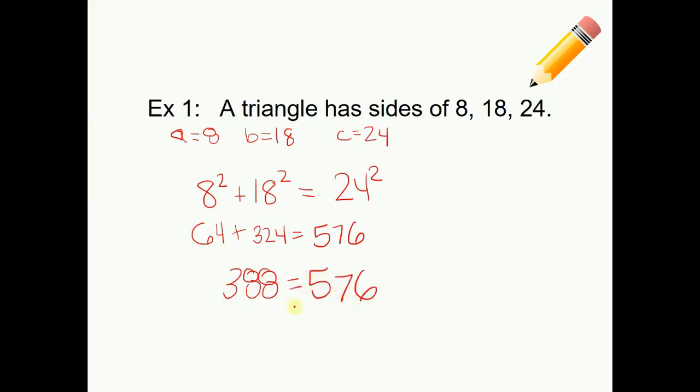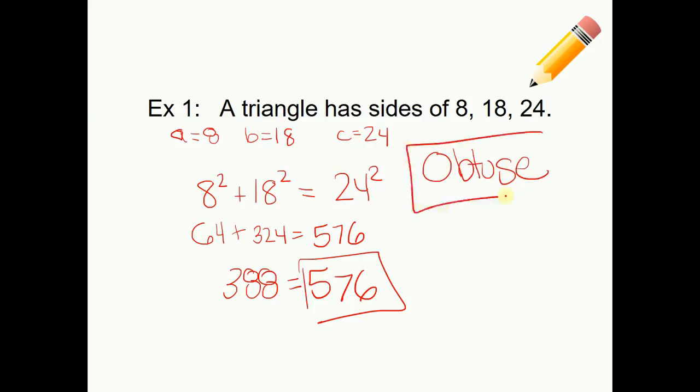Well, they're not equal. So it looks like what would be considered the hypotenuse side is bigger than 388. So this triangle is not a right, not an acute, but it's an obtuse triangle, because the other two sides basically have had to stretch out to be able to fit the entire hypotenuse side between the two of them.